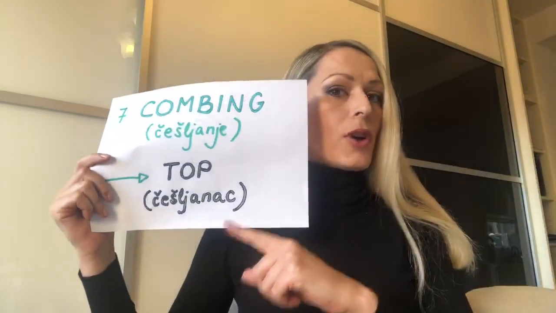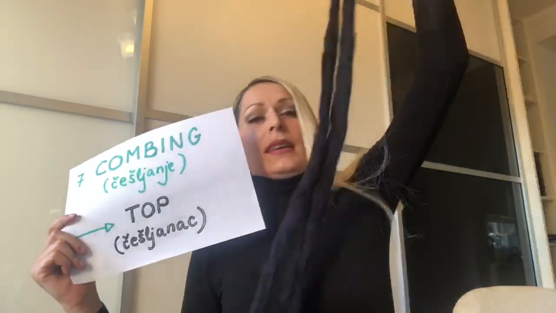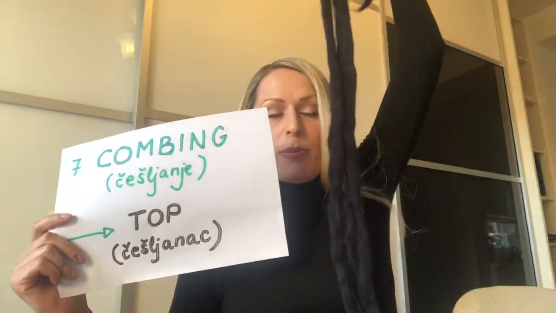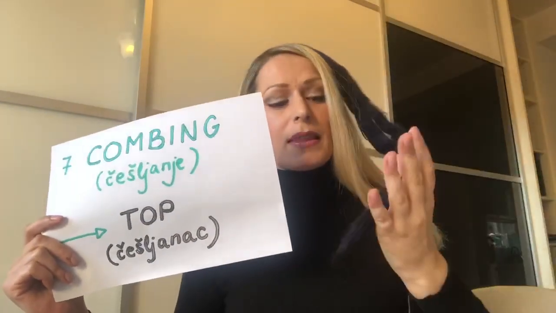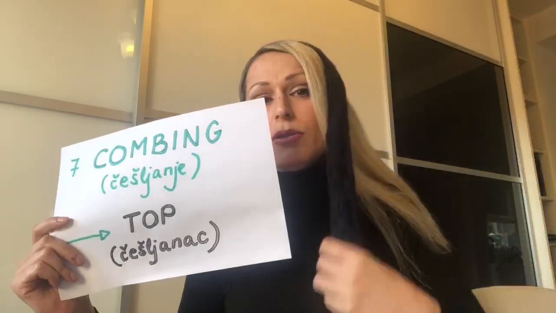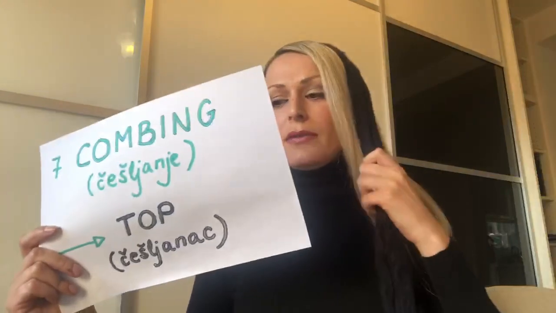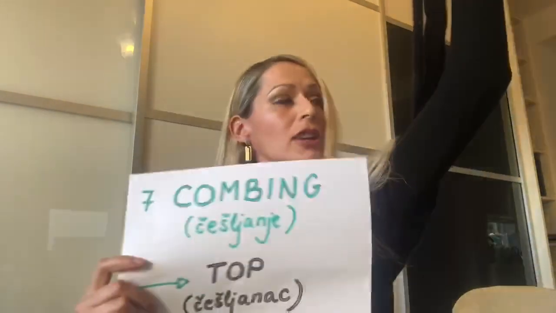The product of combing is called a top. So here we have another homonym, and this is an example of a top. This wasn't supposed to happen. This got split into two. So this is actually the thickness of an average top, and the top that I have here is actually 100% wool.